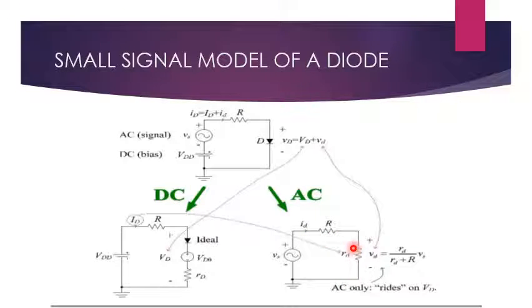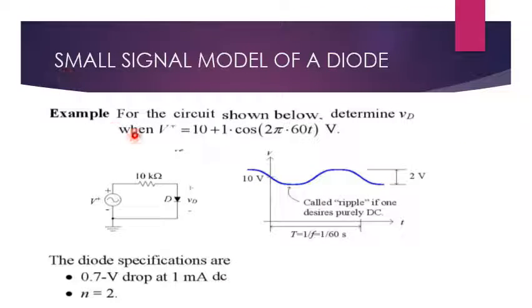Since I have connected two resistors in series, I need to apply the voltage divider rule in order to find the voltage across the resistance. So VD equals RD over RD plus R into the applied signal. So only AC appears on VD. Clear? Right. Now, we'll go for an example.